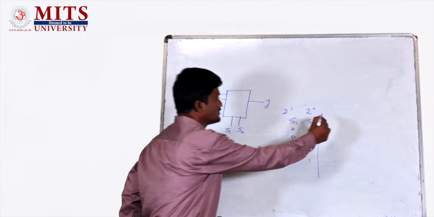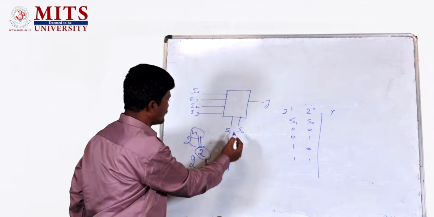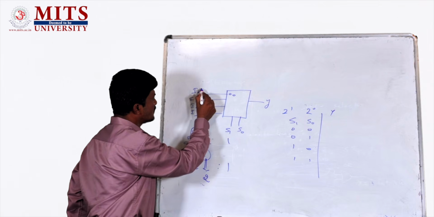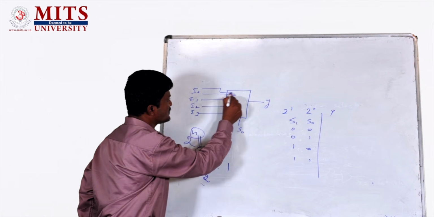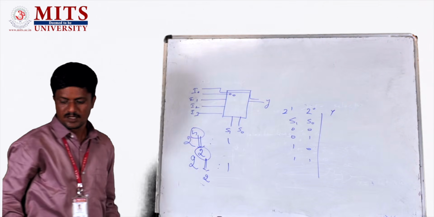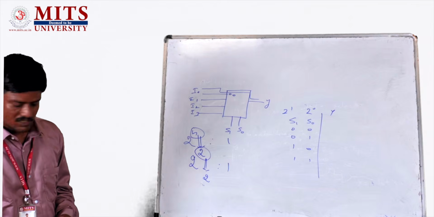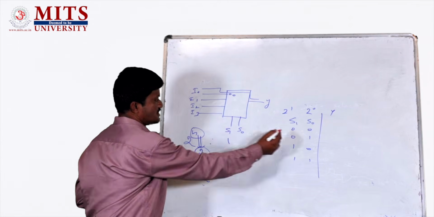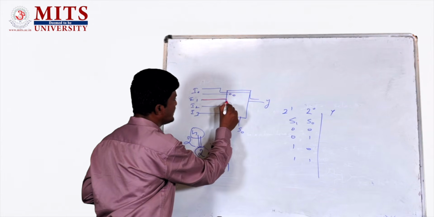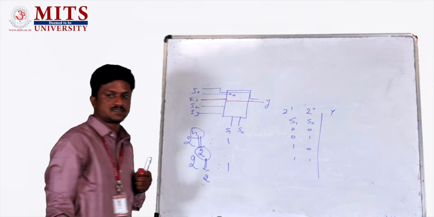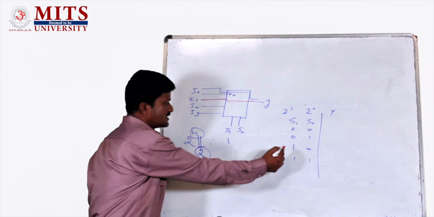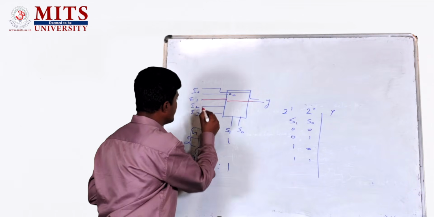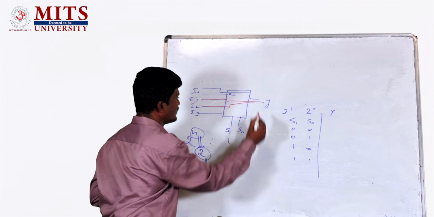Then the output: for the first case, 0 0, the output is Y0, that is I0. In the second case, if my selection lines are 0 1, it selects I1 as the output. In the third condition, if you go with 1 0, then I2 will be my output.